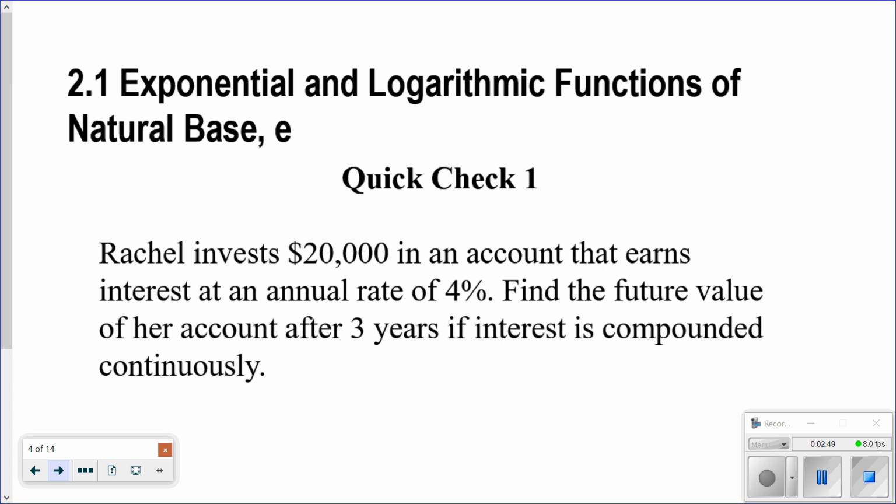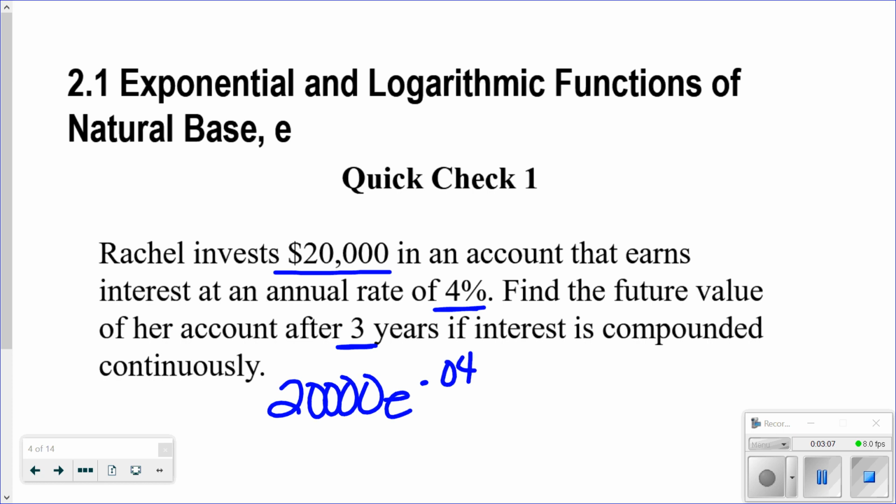Okay, I want you to pause the video and try this one. So make sure that you're entering all these things in the proper places: principal, your rate, your time, and see if you get the same answer. Sorry, times 3.